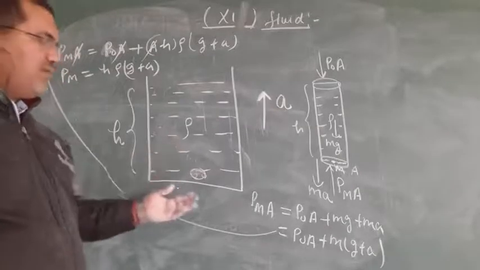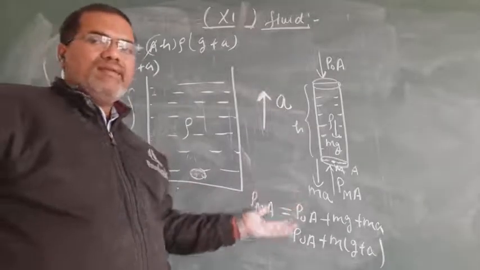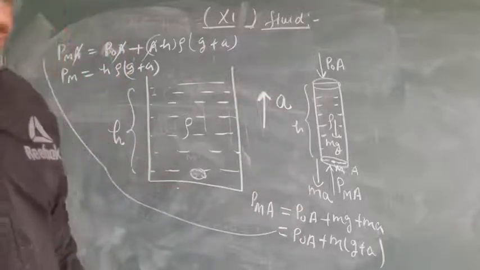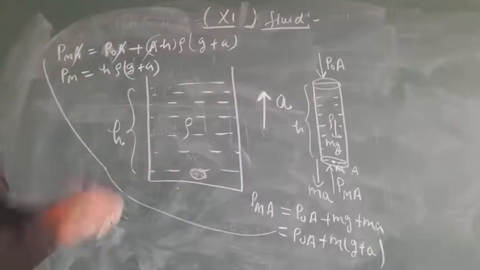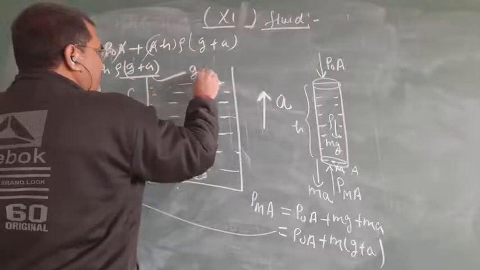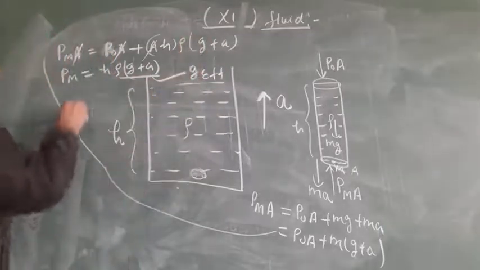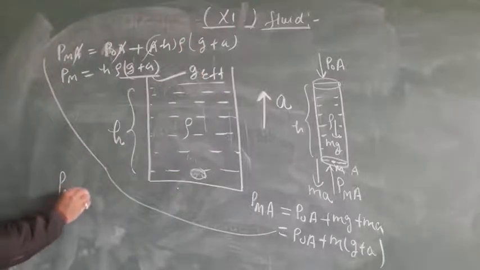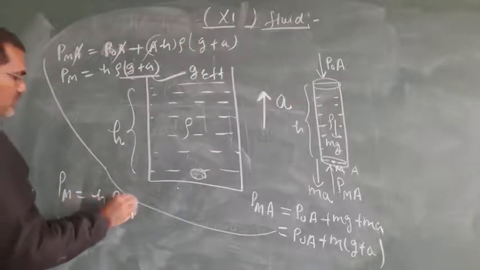This is the pressure at the bottom of the accelerating container. This physical quantity is called g effective, so the pressure at bottom equals P naught plus h rho g effective.